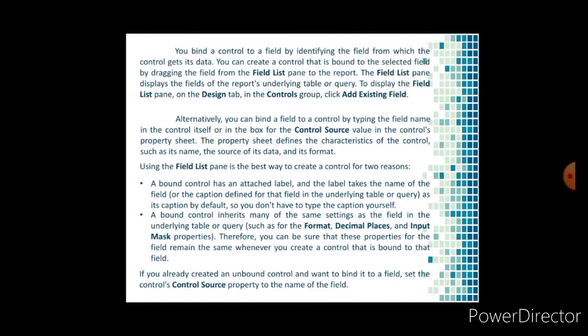Second, a bound control inherits many of the same settings as the field in the underlying table or query. If you already created an unbound control and want to bind it to a field, set the Control Source property to the name of the field.